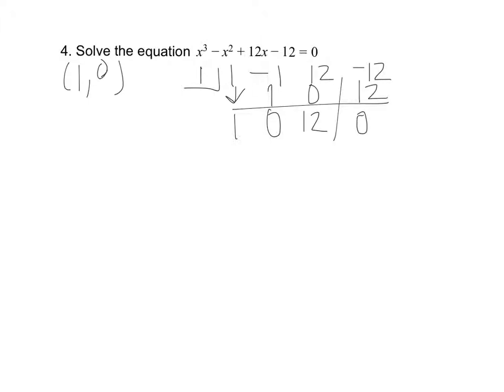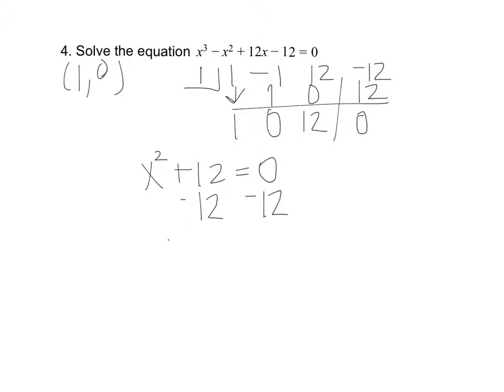So now we have the quadratic x squared plus 12 equals 0. So since I don't actually have an x term, instead of using the quadratic formula, we're going to use the square root property. So it says isolate the squared variable. That involves subtracting 12 from both sides.